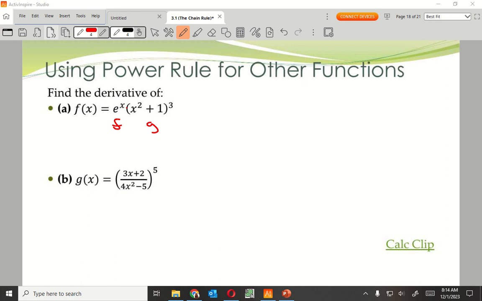So, off to the left, f prime is e to the x. G prime, let's see if you can mental math that one. 3 times the quantity x squared plus 1, squared, times 2x.